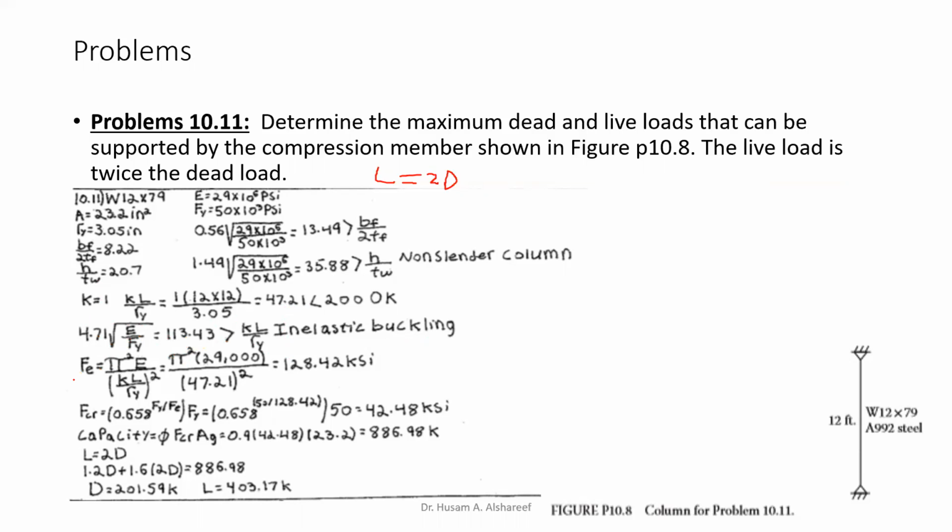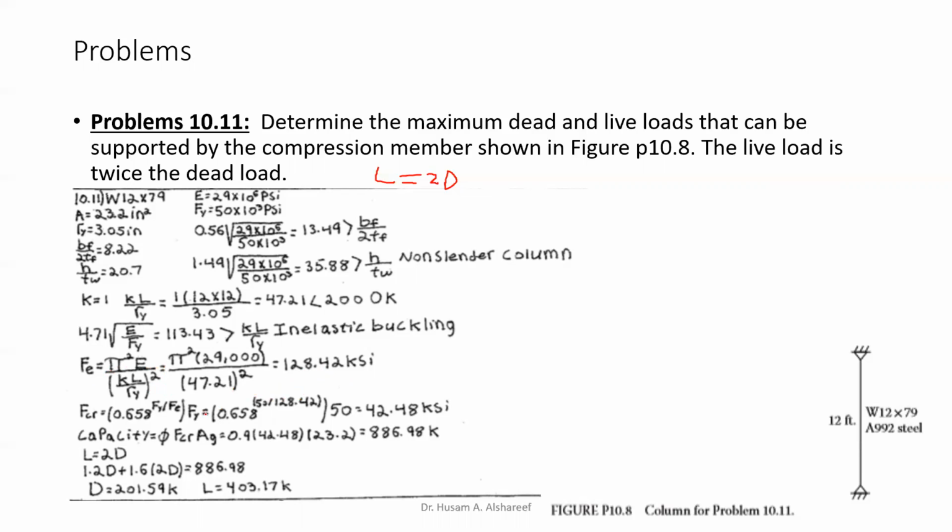So then because of this, we find the Fe, which is pi squared times the modulus of elasticity over the slenderness ratio squared, the Euler buckling equation, which gives us this value for Fe.